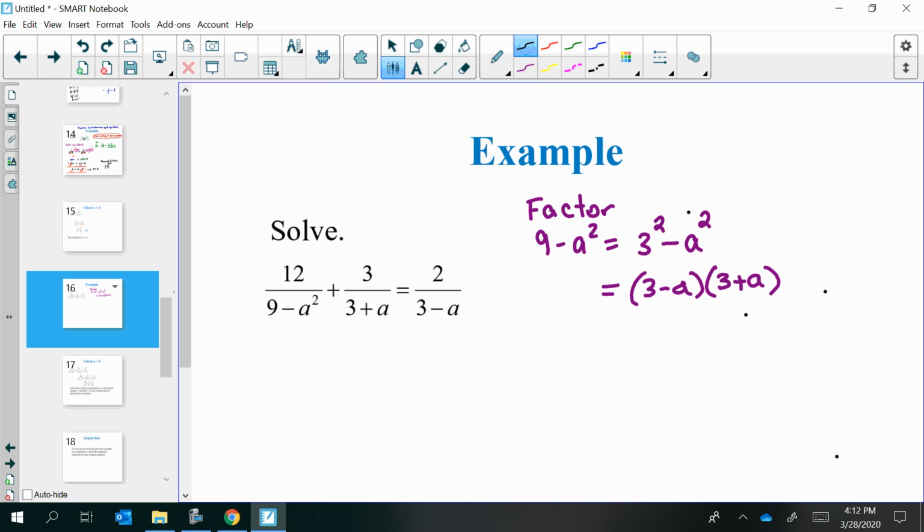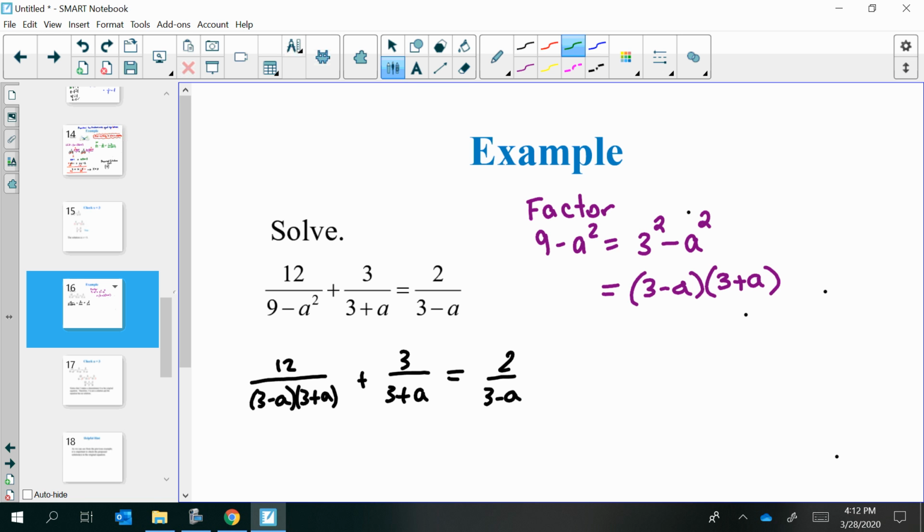Now, if I rewrite my original equation as 12 over 3 minus a times 3 plus a, and then just rewrite the other terms as they are, now I'm ready to multiply through by the LCD and cancel out all my fractions, cancel out all my denominators, in other words, clear the fractions.